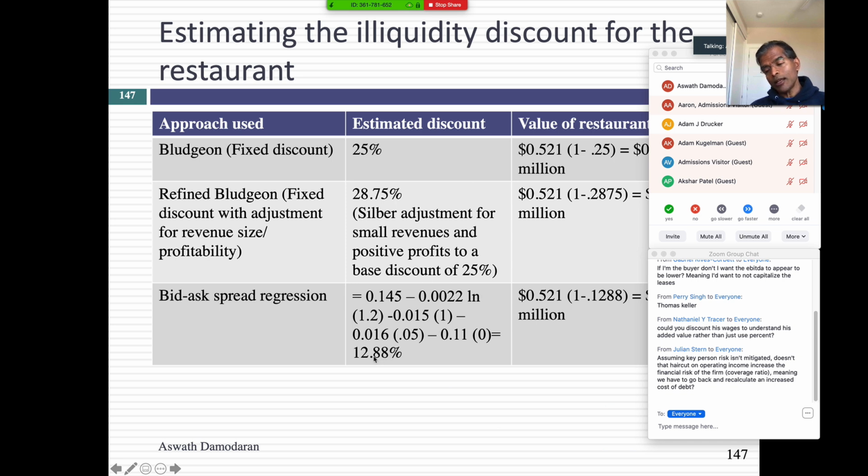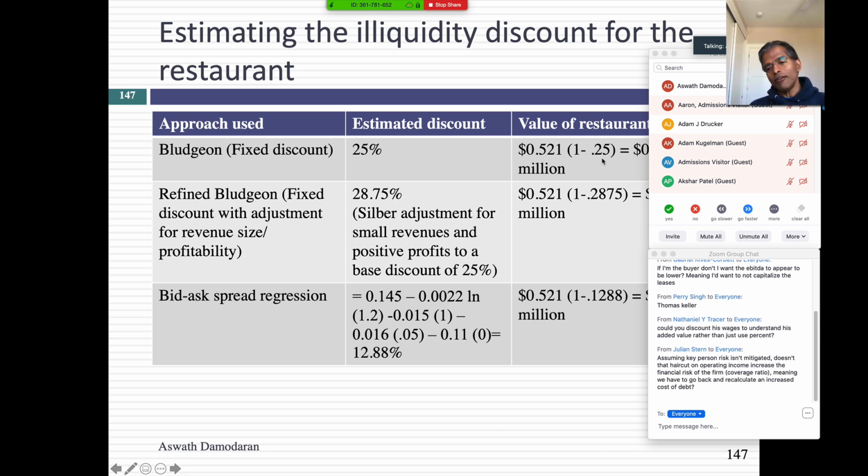I got a predicted bid-ask spread for the restaurant of 12. You're saying, what bid-ask spread for a restaurant? Think of that as your illiquidity discount, given how publicly traded companies price illiquidity. That's how much of a discount I should ask for the restaurant. That's the number I ended up using, 12.88%.